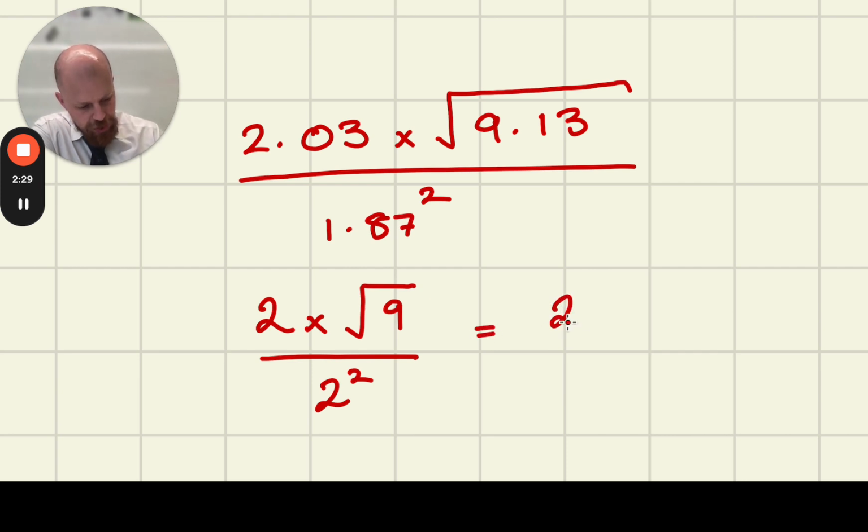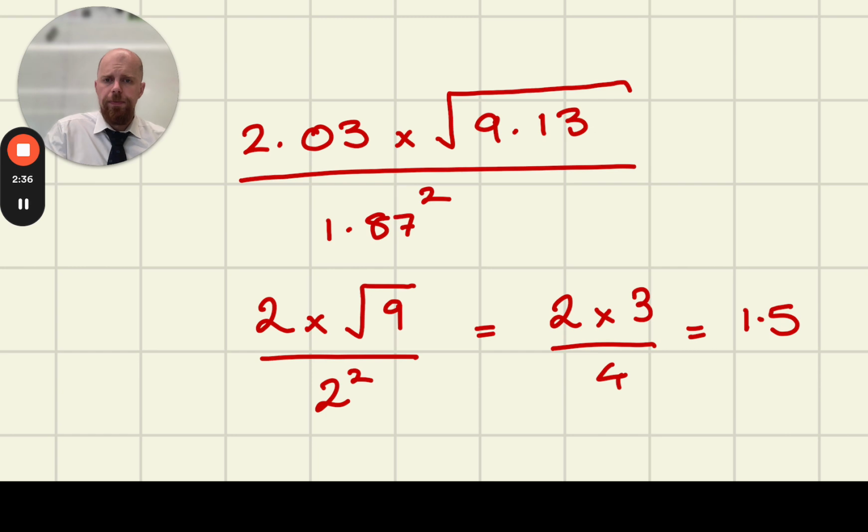So that would give me 2 times 3 divided by 4. 6 divided by 4, 1.5. Let's put our approximately equal to symbols in, and now let's calculate an answer. 2.03 times square root 9.13 divided by 1.87 squared is 1.754.